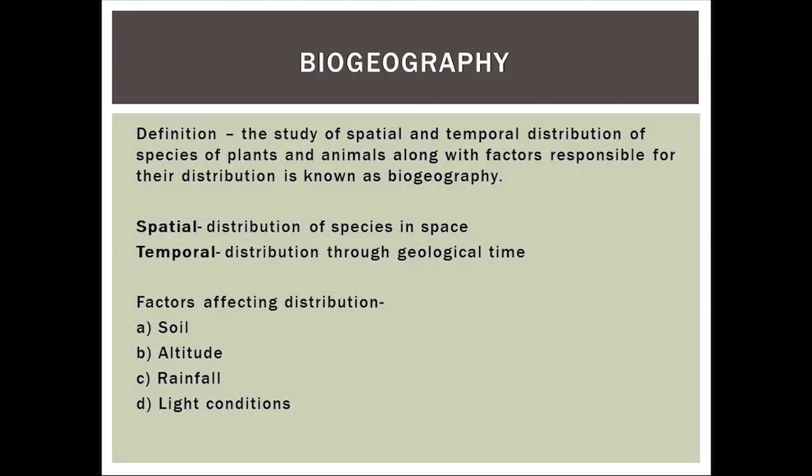And also the factors that are responsible for the distribution of species, like soil, altitude, which means height from the sea level, rainfall, and light conditions. We have seen these factors when we were studying ecosystem, and they affect the distribution of species. So let us once again revise what is biogeography. It is the study of spatial and temporal distribution of species of plants and animals, along with the factors responsible for their distribution.